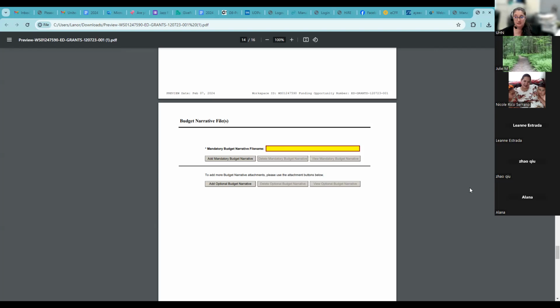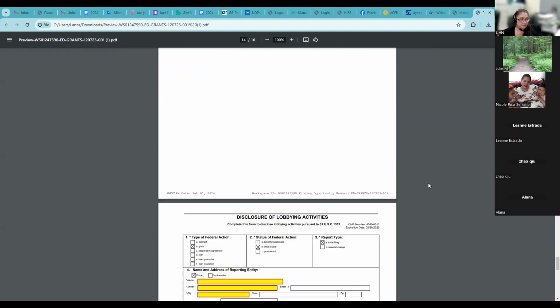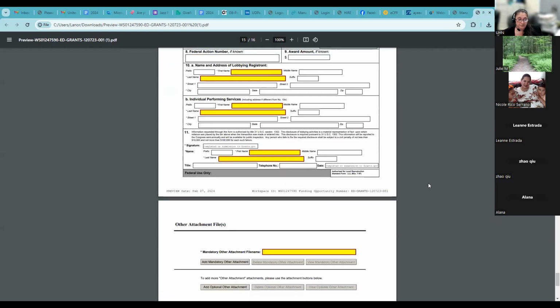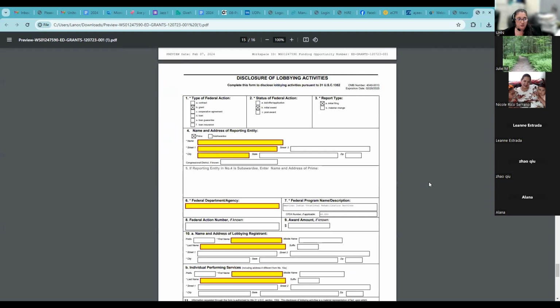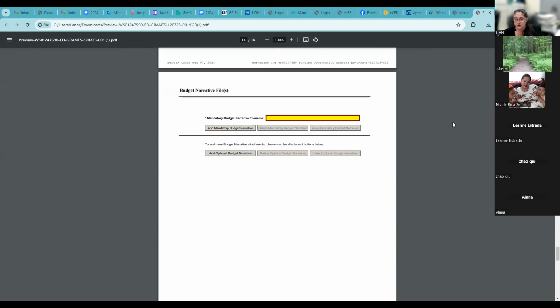Your budget narrative should include both your federal budget as well as your non-federal. Perfect. Thank you, Lenore. Other than that, there really is not a specified place where you're breaking down budget numbers.